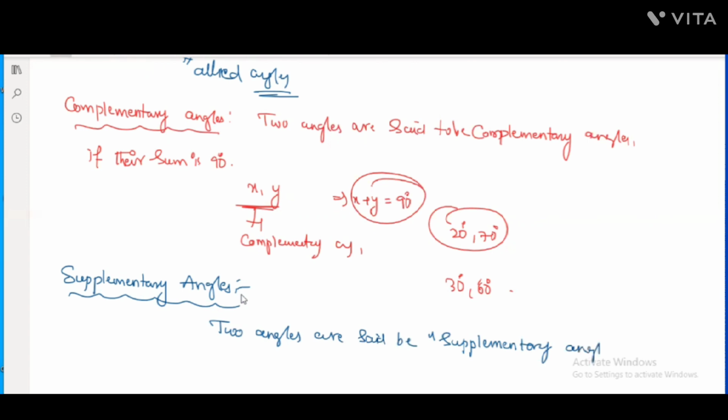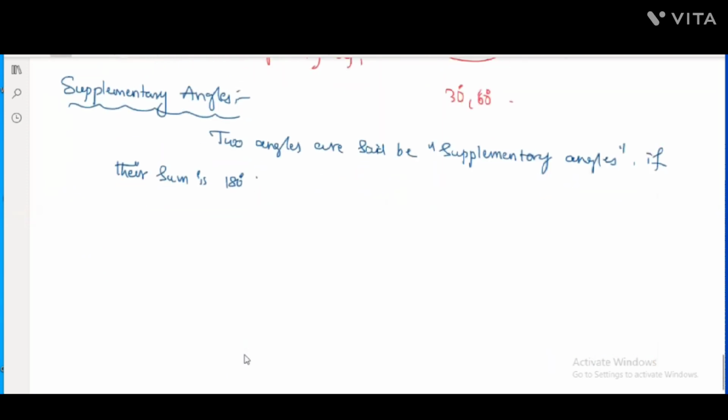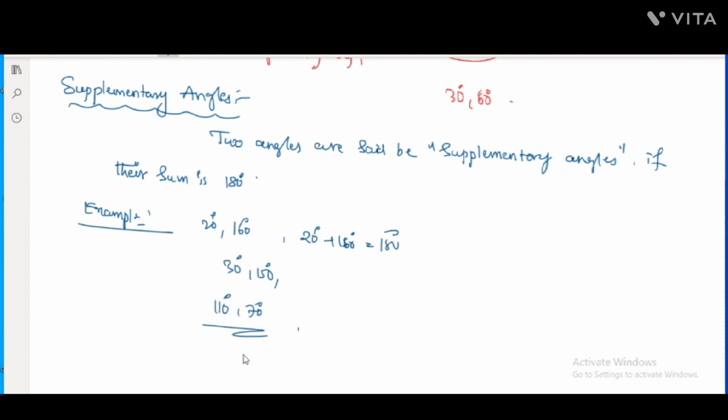Two angles are said to be supplementary angles if their sum is 180 degrees. For example, 20 degrees and 160 degrees; you add these two and we get 180 degrees. Or 30 and 150, 110 and 70. Like this, we can take many examples whose summation is 180 degrees.